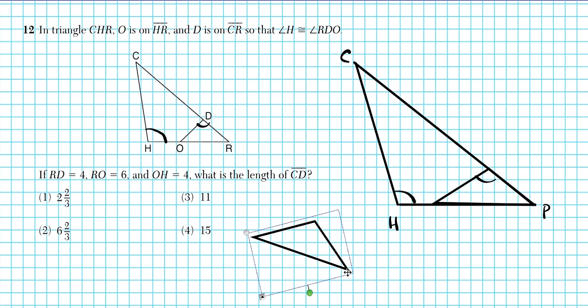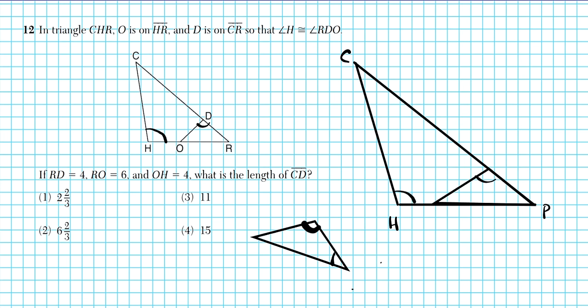Let me mark this angle so you can keep track of the transformations happening. If I rotate this figure so that this angle overlaps with that one, angle R is going to be oriented with angle C, which doesn't work.